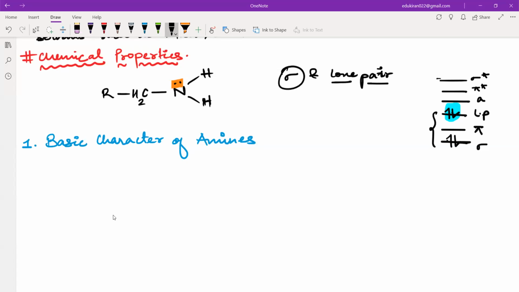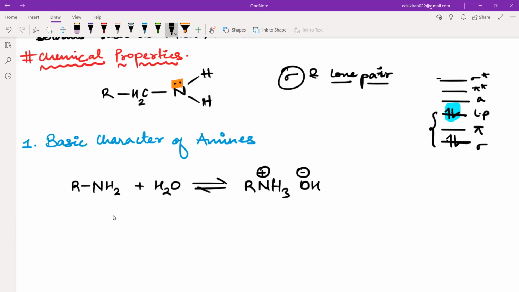Since it is basic in nature, it can react with water. If I have RNH2 and I add the amine to water, the nitrogen attaches to one of the water molecules and forms RNH3 positive, because it abstracts a proton as it acts as a base, and there will be OH negative.